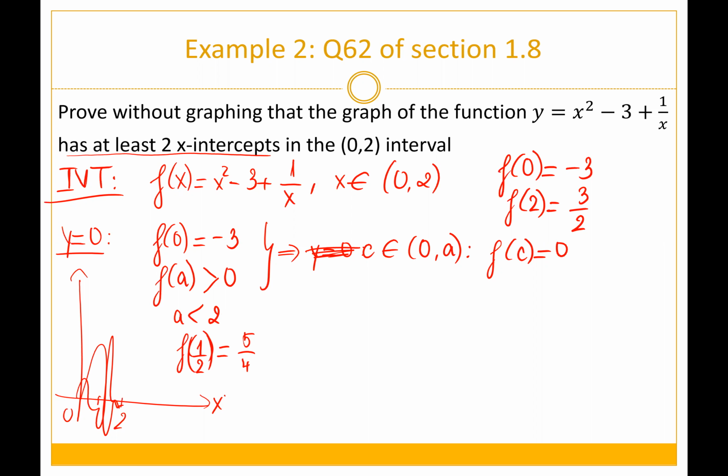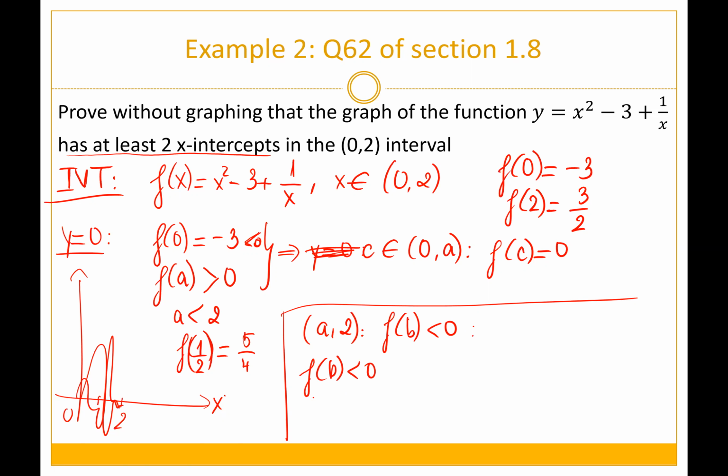Doing the same thing on the interval from a to 2, if you can find a value of b such that f of b is smaller than 0, then based on the intermediate value theorem, since f of b is smaller than 0 and f of 2 is 3/2, bigger than 0, you conclude that there is a d in between b and 2 such that f of d is again equal to 0.